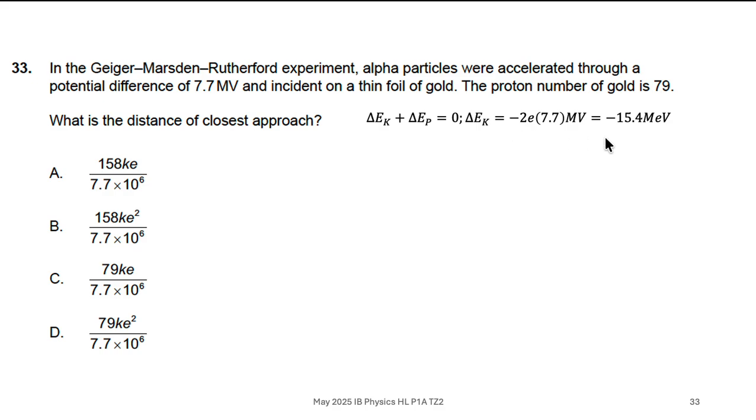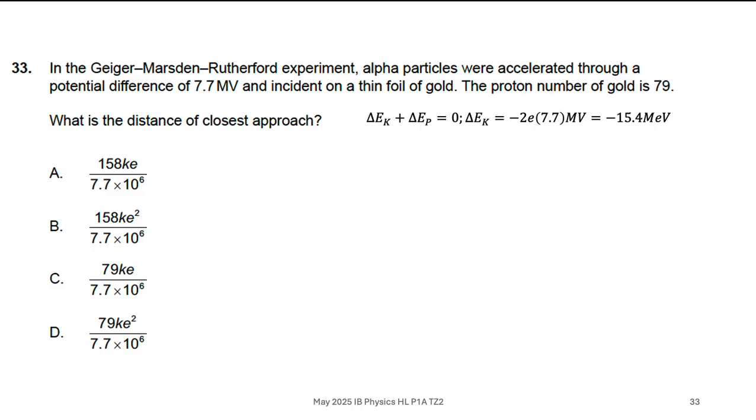So I've written that there as 15.4 MeV. The reason I've done that is because this question has got things stated in symbols, and I think that's going to be important later. Why is it a minus sign? Well, we had kinetic energy, we've lost kinetic energy, and so therefore we've lost this much kinetic energy in the process of moving to stopping.